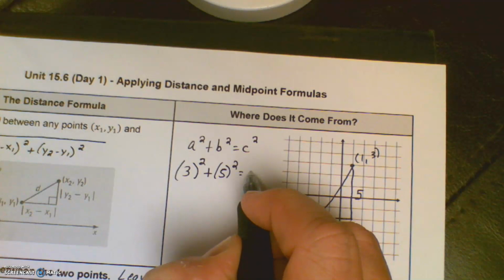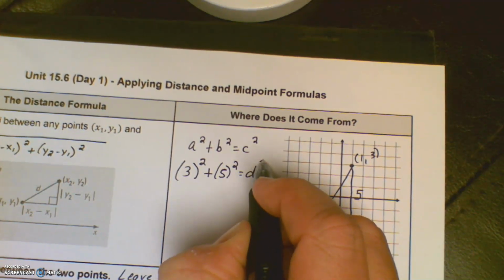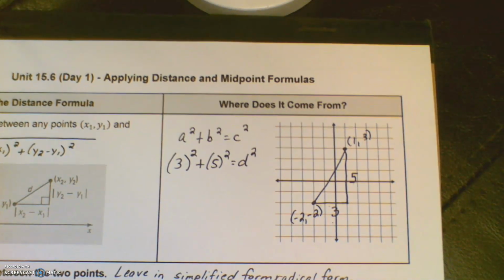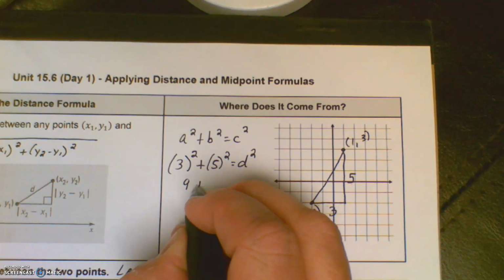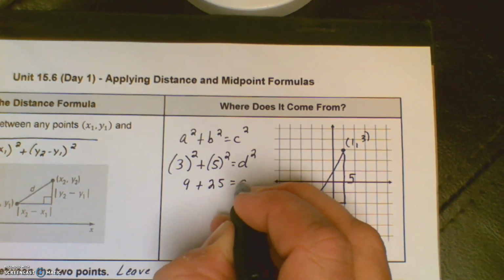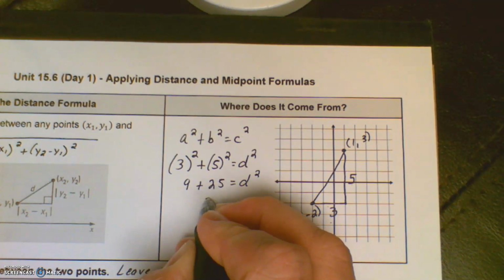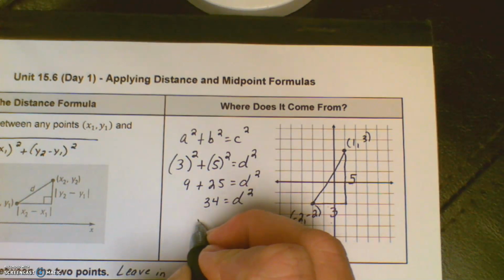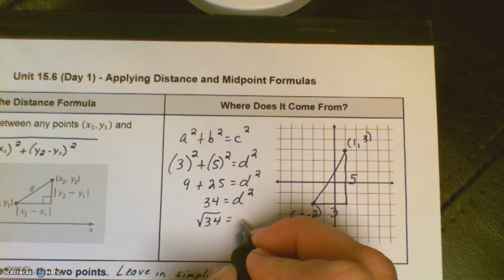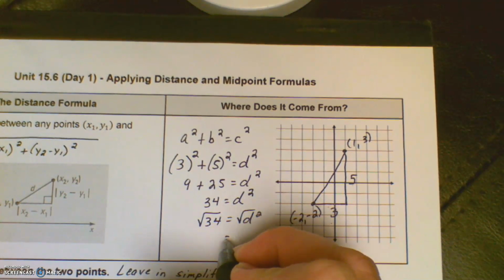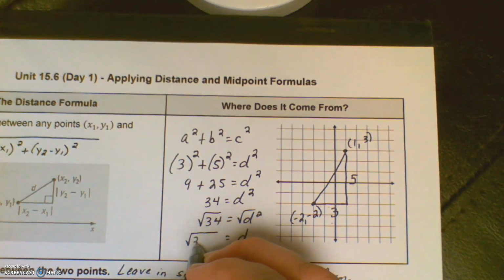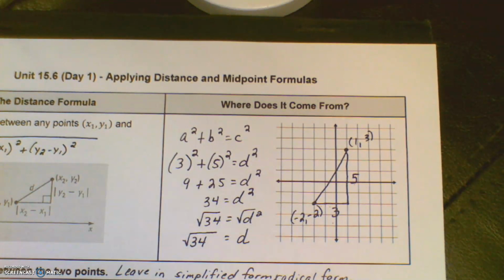For C, I'm going to plug in D for distance squared. 3 squared is 9. 5 squared is 25 equals D squared. 9 plus 25 is 34. And to solve for D, the distance, we can take the square root of both sides. So the distance, 34, you could break down into 2 and 17. So that would just leave us with the square root of 34.